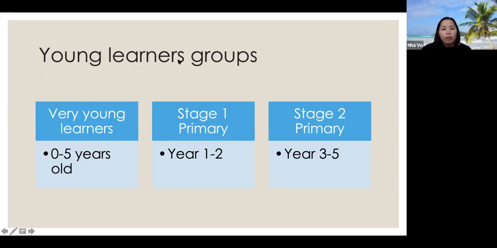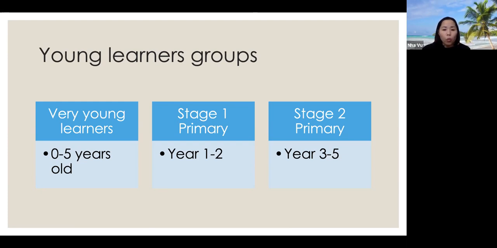And for the young learner groups, we look at three groups. The very young learners are learners in kindergarten, and maybe they just don't know how to read or write, and some of them even cannot speak at some points.